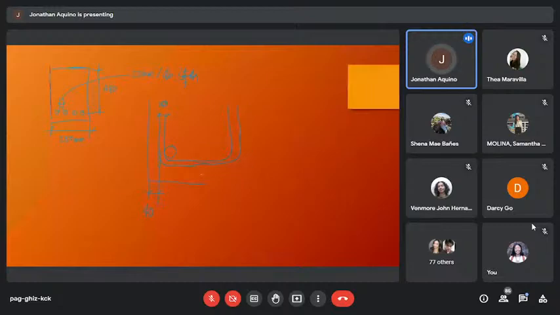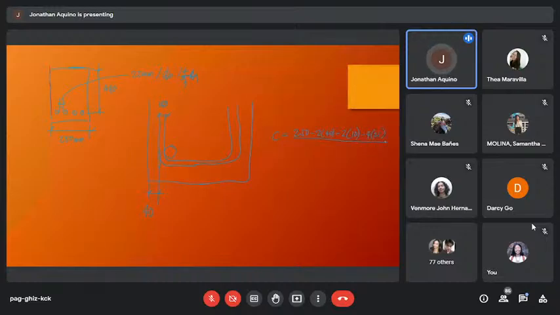So yung clear spacing natin, C, is equal to 250, yung total width ng beam, minus dalawang concrete cover, 2 times 40, minus 2 times stirrups, 2 times 10, minus ilang bars, 1, 2, 3, 4. So we have minus 4 times 25 divided by 1, 2, 3, divided by 3.